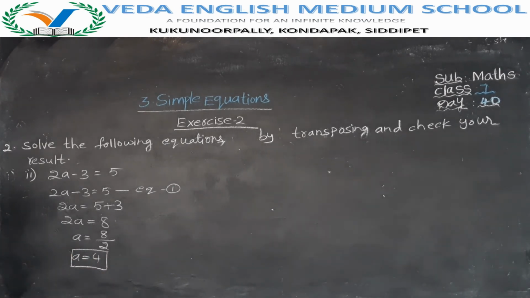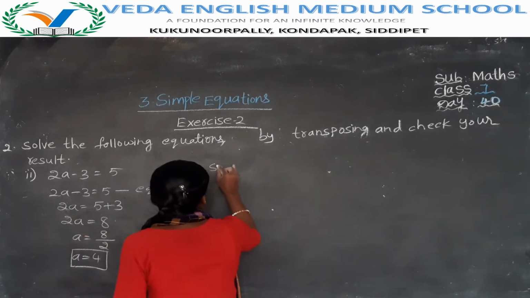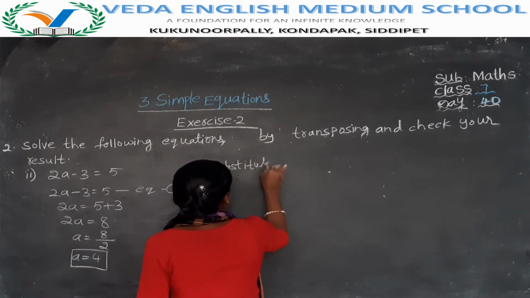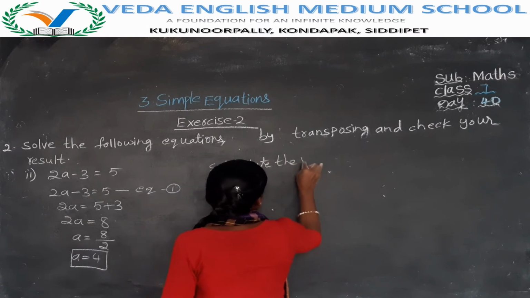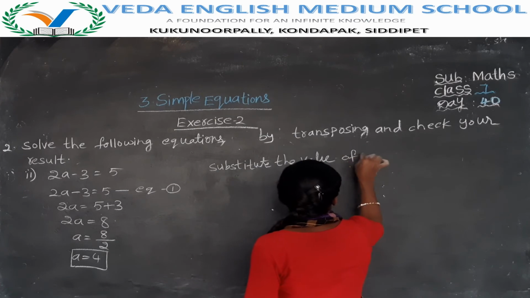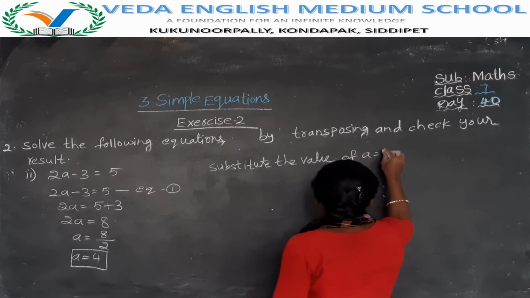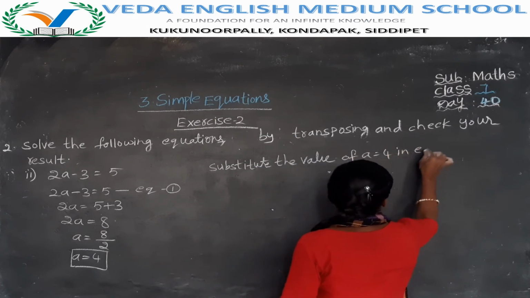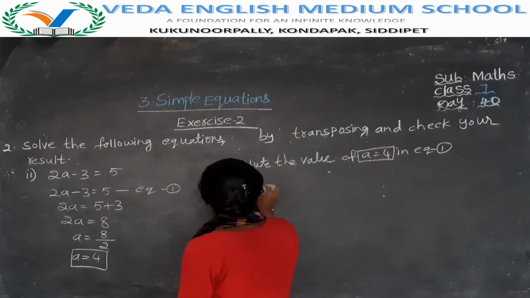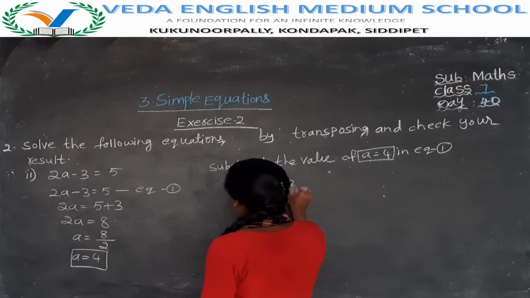Now, how to check? Substitute the value of a is equal to 4 in equation 1. What is equation 1, Nana? Equation 1 is 2a minus 3 is equal to 5.